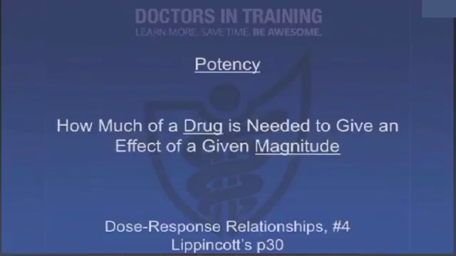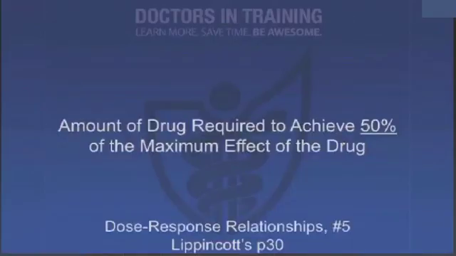So potency describes how much of a drug is needed to give an effect of a given magnitude. So again, if we're talking about blood pressure drugs, we might say how much blood pressure drug is needed to lower the blood pressure by 20 points. And the potency is determined by the amount of drug required to achieve 50% of whatever the maximum effect could be.